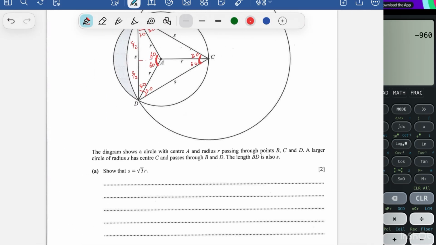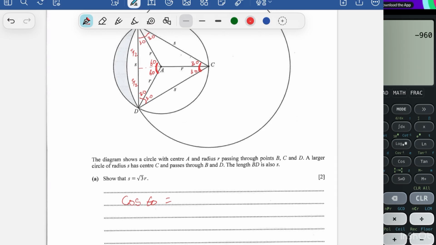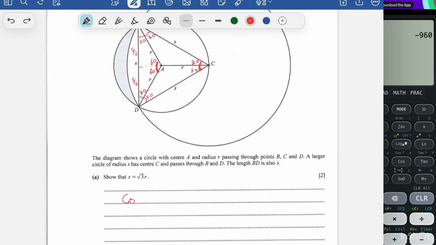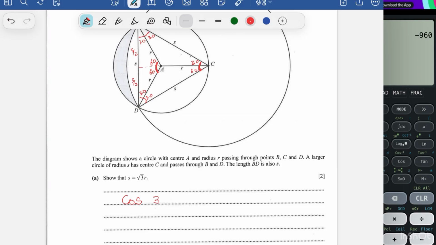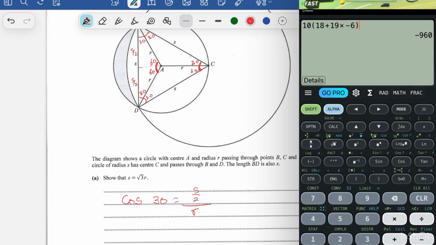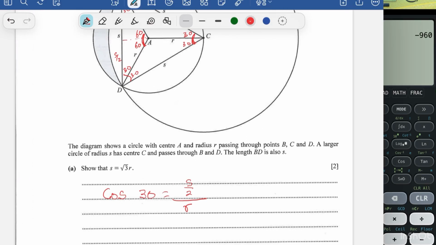So from there, we just do cos 60 is adjacent. Okay, can we use cos? Okay, we can use cos 30 then, since we don't know there. So cos 30 is S over 2, adjacent over R.